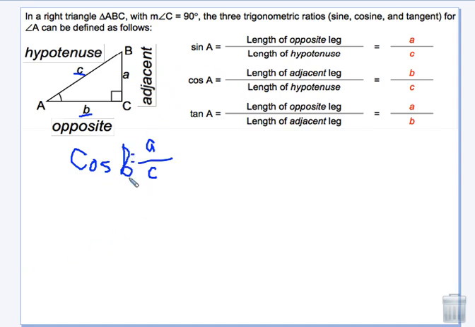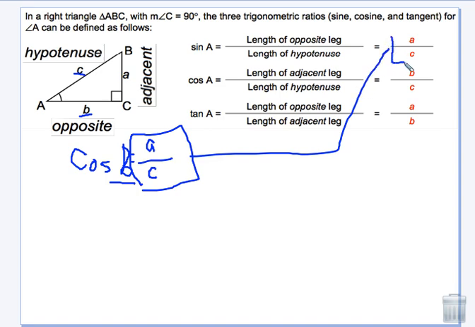Sorry, this is the capital letter B here, because I'm looking for the cosine of angle B. Notice this cosine of angle B matches, or is the same as, the sine for angle A. You will find that when you're looking for sine and cosine and tangent, sometimes the cosine of one angle will match the sine of another angle.